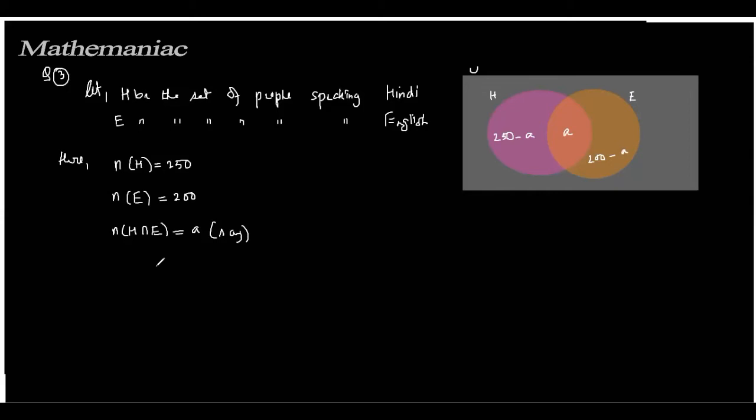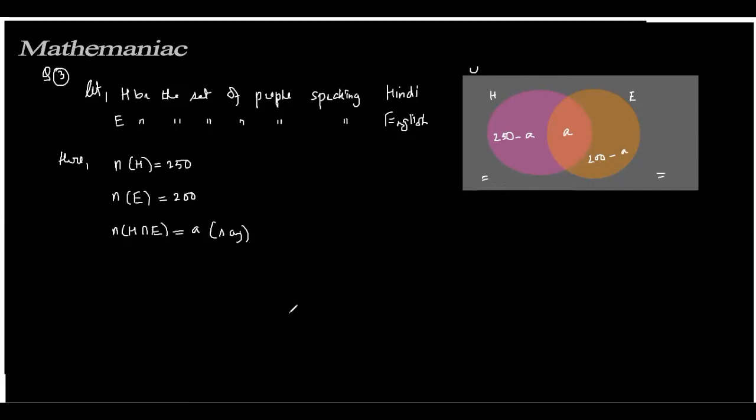What I mean to say is that there should not be anything left out in this part. My question does not imply that, but your answer is according to this particular concept only, that there will be no person out of these 400 who does not speak any one of these languages, right?